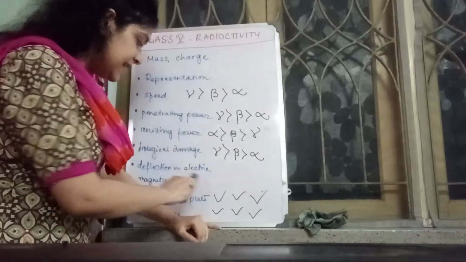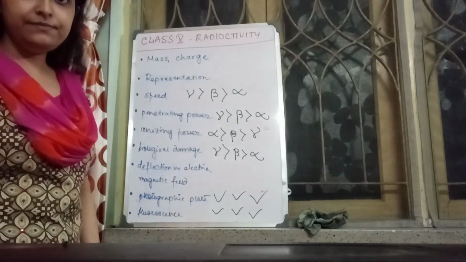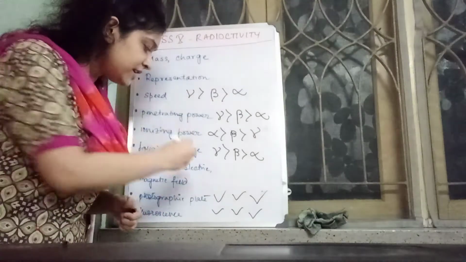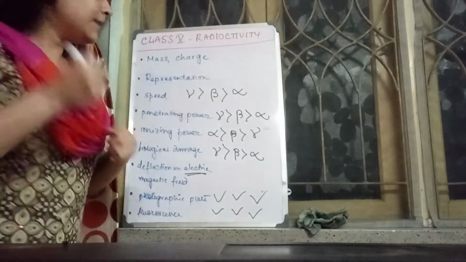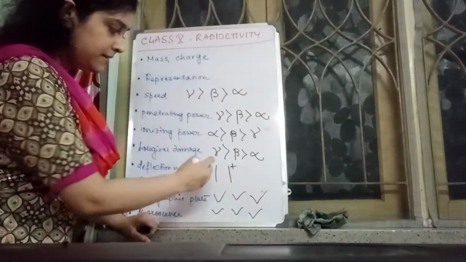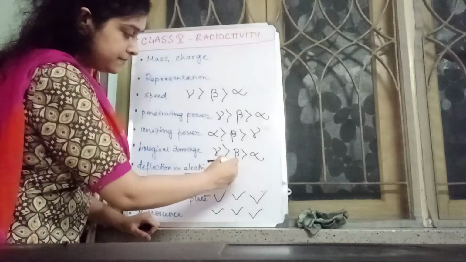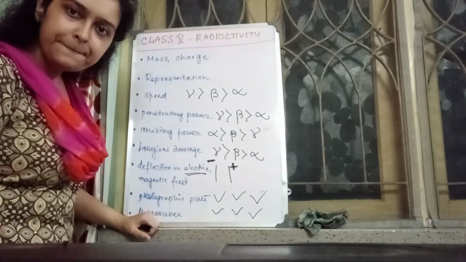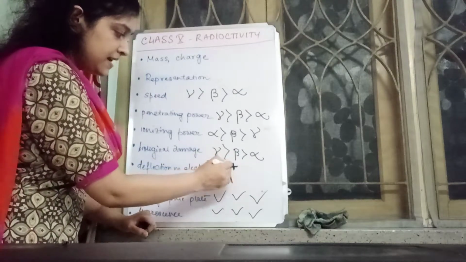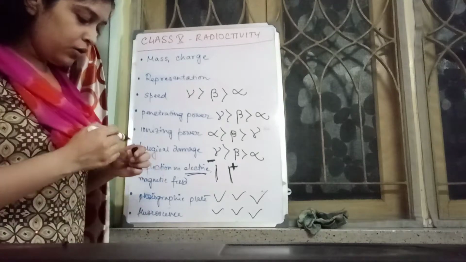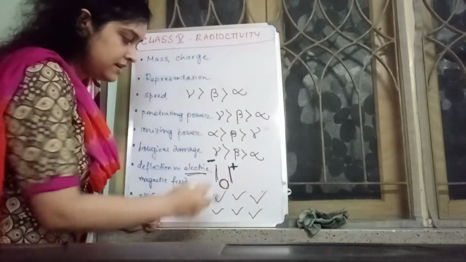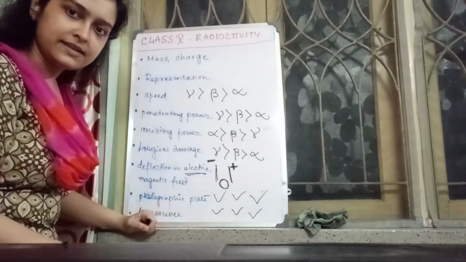Now, deflection in electric and magnetic field. Suppose you have an electric field, minus and plus, that means one plate is kept at minus potential, and here plus. Suppose you have a radioactive element here, and alpha, beta, gamma are emitted, right?